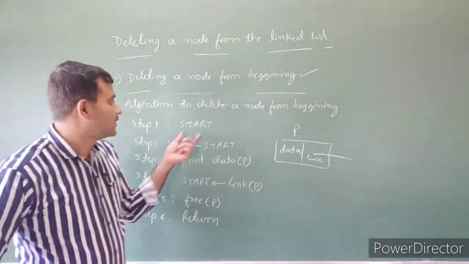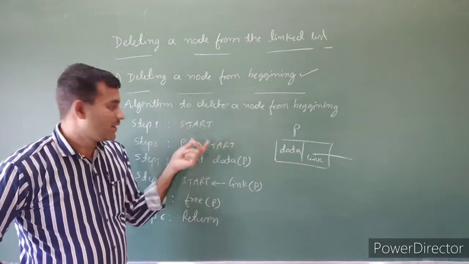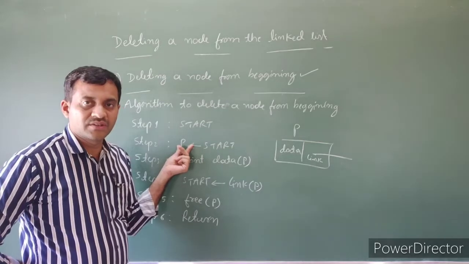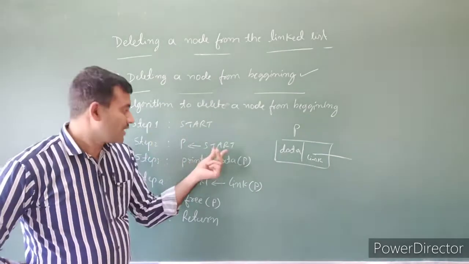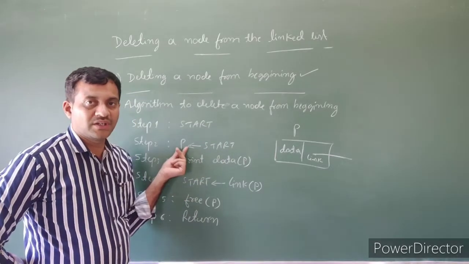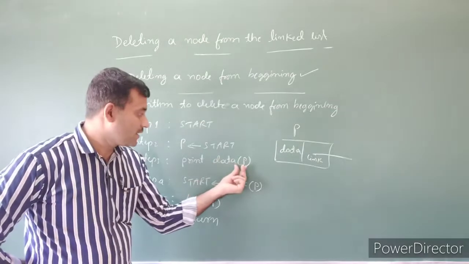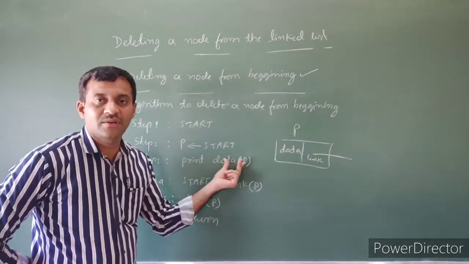What have we done here? First we identify the starting pointer. Then assign the starting pointer to the temporary variable p. The starting pointer always refers to the first node. That node is assigned to the temporary node p. Then we print the data part of p.